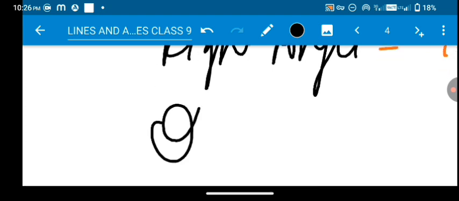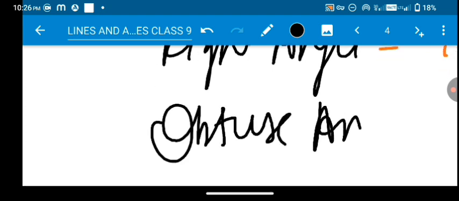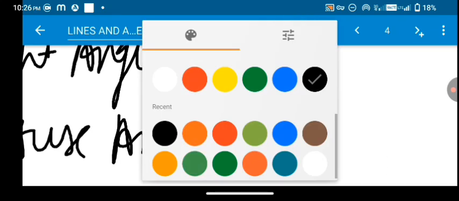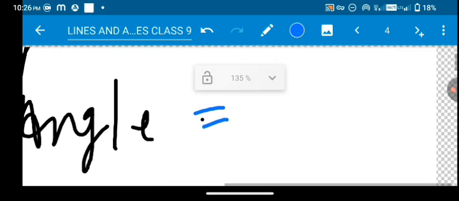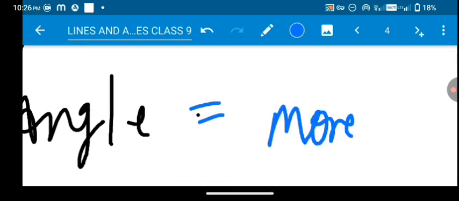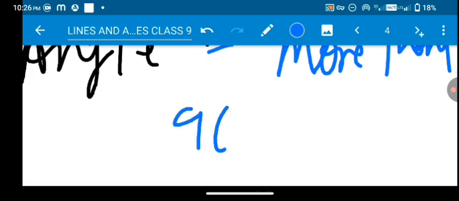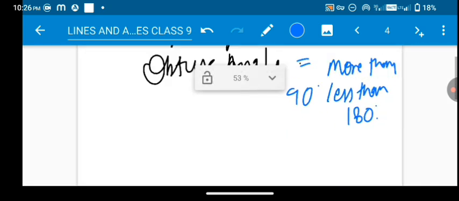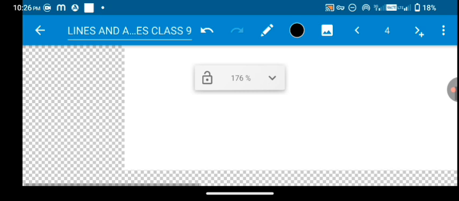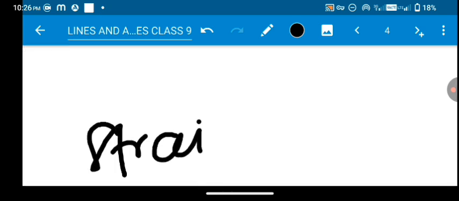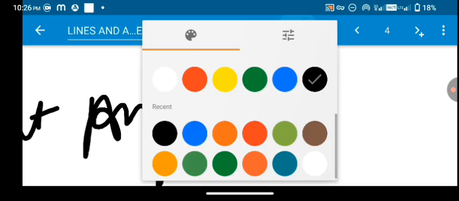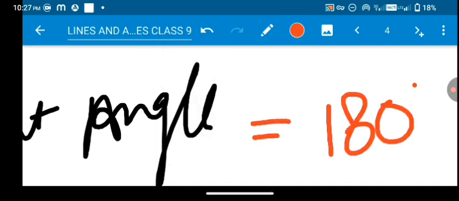After right angle, obtuse angle is more than 90 degree but less than 180 degree. Then straight angle is equal to 180 degree.